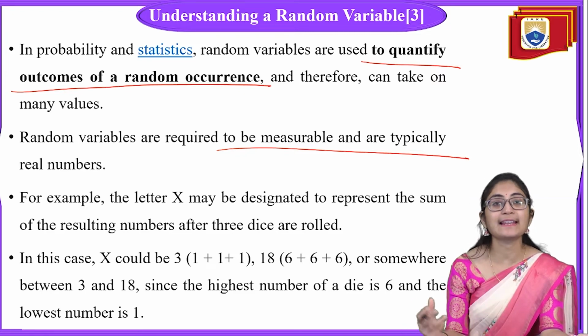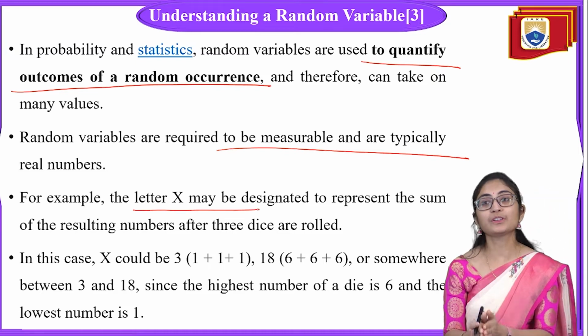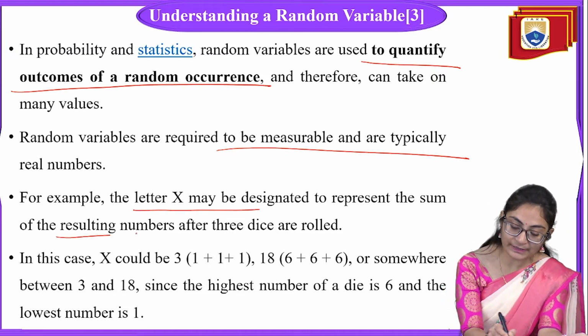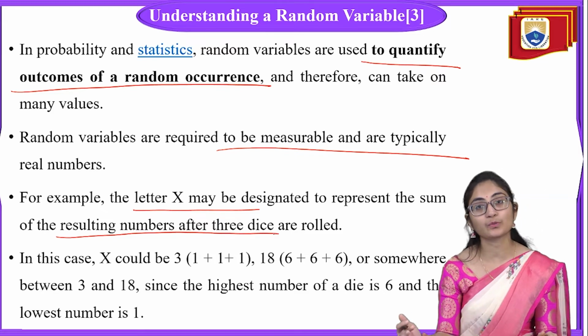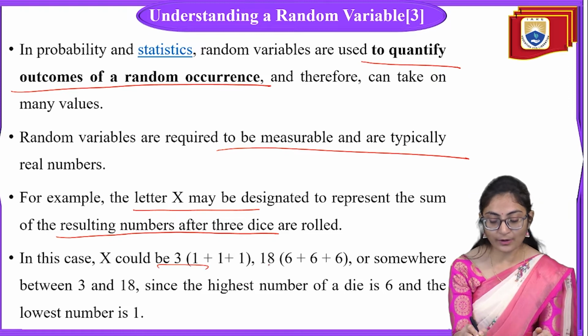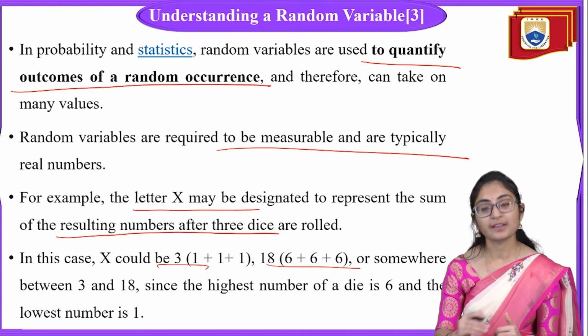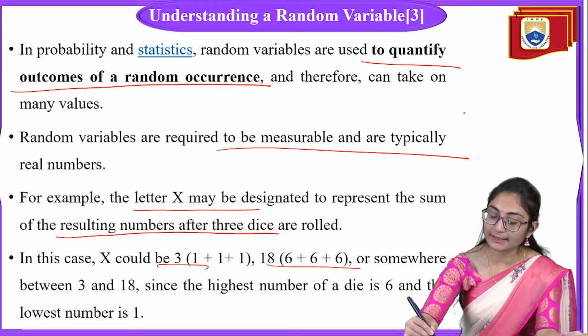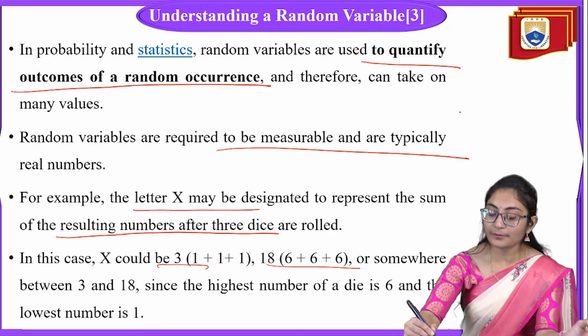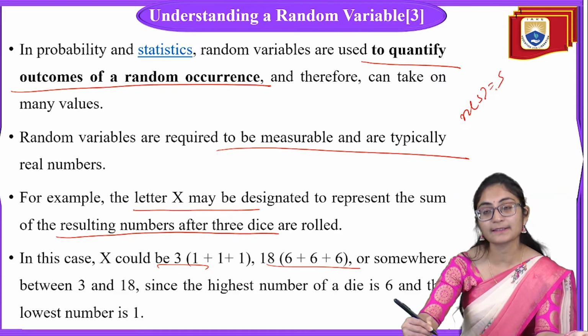For example, the letter X may be designated to represent the sum of the resulting numbers after 3 dice rolls. X could be 3 or X could be 18. How can we consider this? We know that when we roll the dice, we will get numbers up to 6.